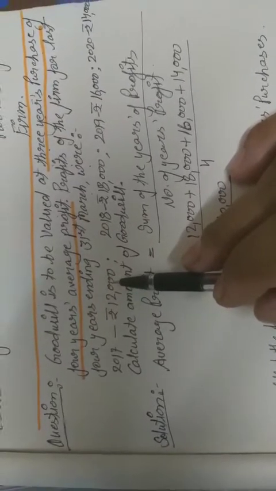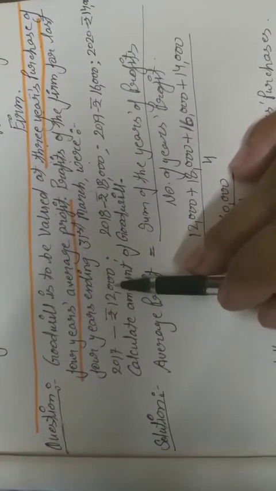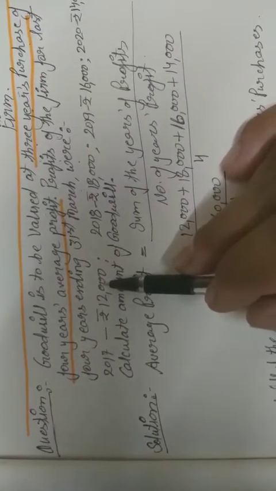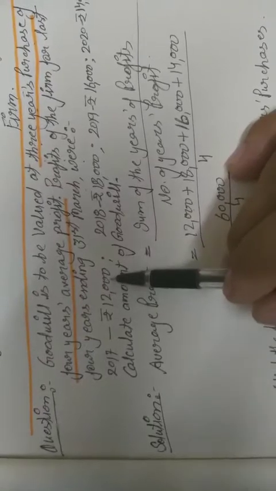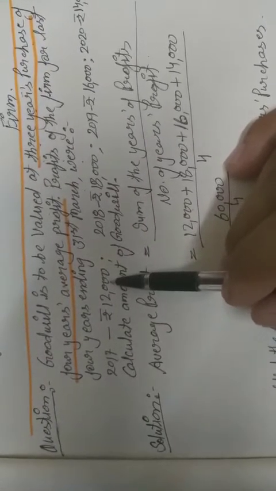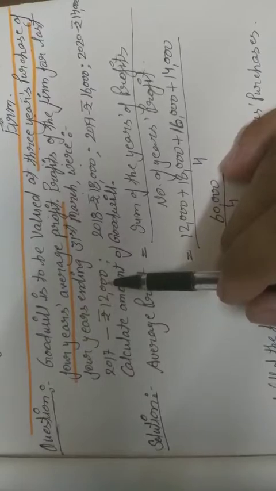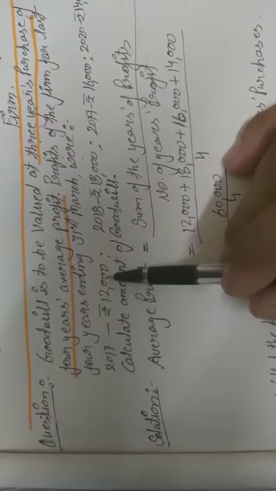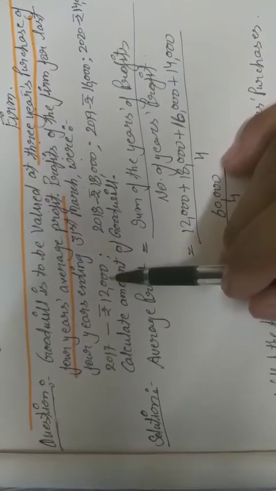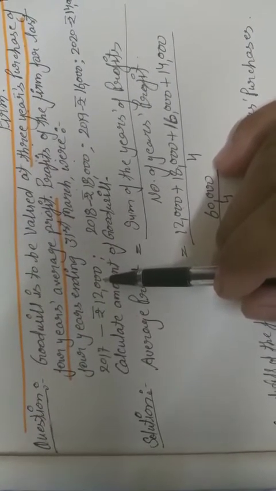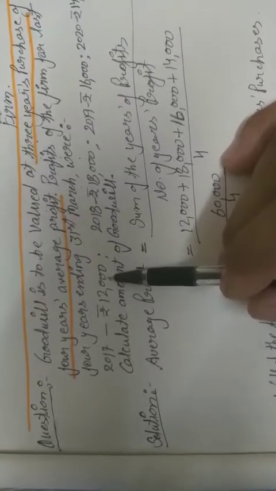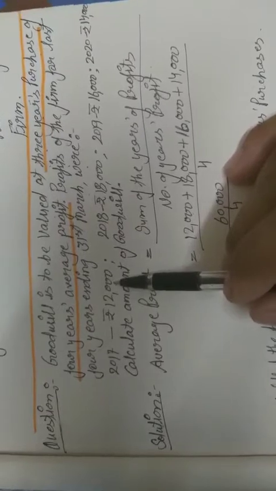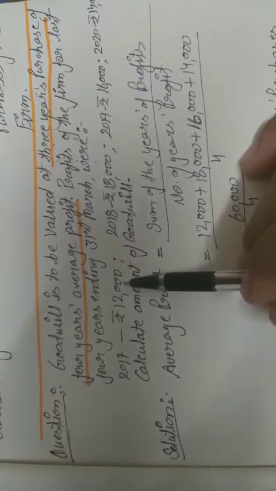If some abnormal gain is added in this profit, then from this profit we have to subtract the abnormal gain. Why is it so? Because this profit should be an operating profit, not a net profit, because in net profit some non-operating income and non-operating expenses are also included.